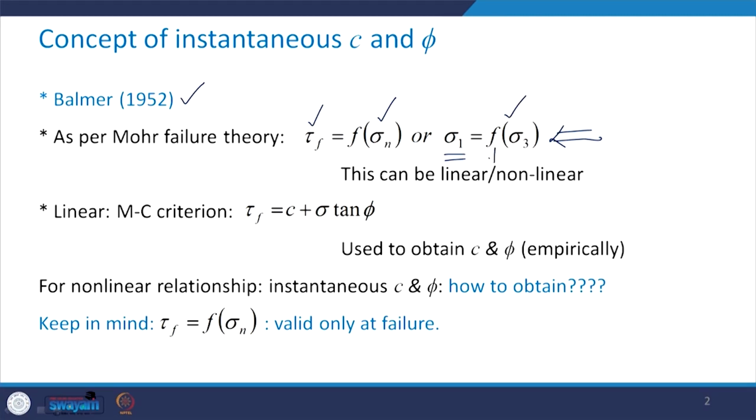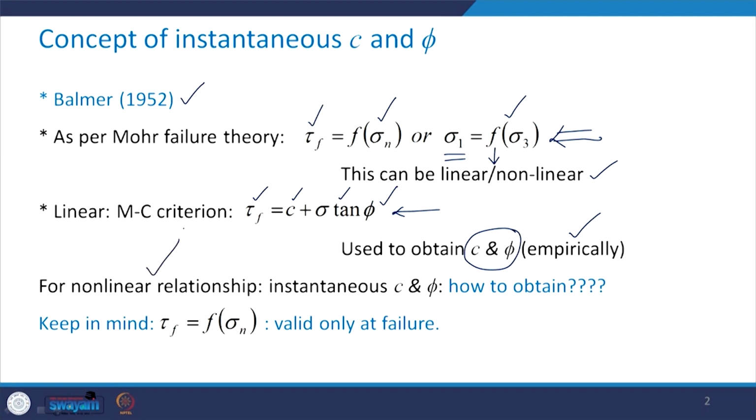Now, this functional relationship can be linear or non-linear. The Mohr-Coulomb criterion is represented by a straight line given by this equation, tau f equal to c plus sigma tan phi. We conduct triaxial tests, fit the data to this equation, and empirically obtain these two parameters C and phi.